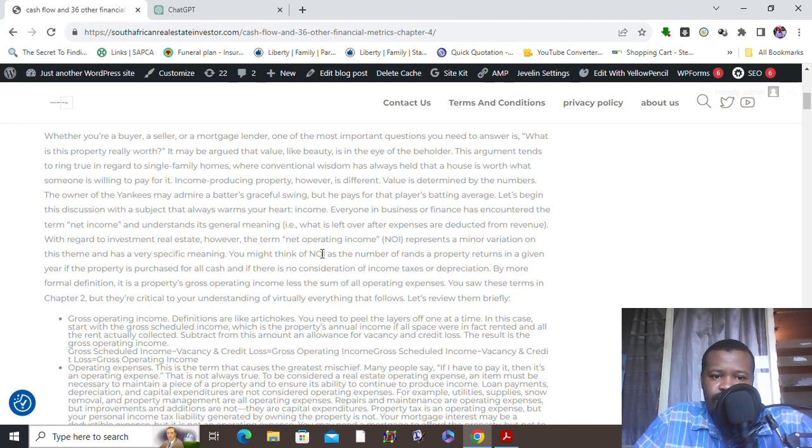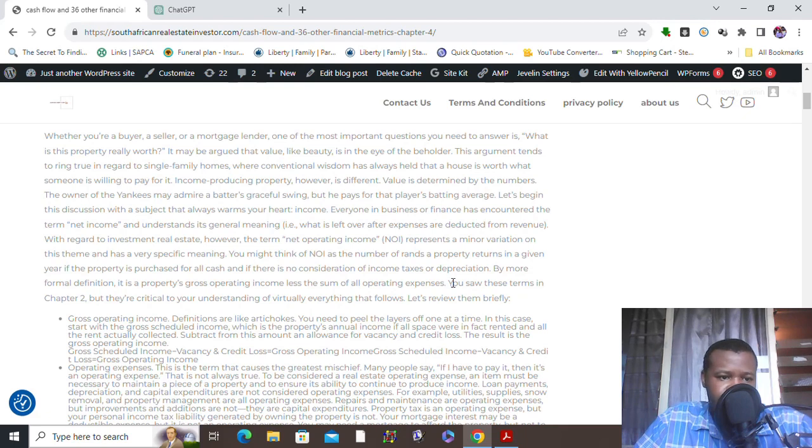You might think of NOI as the number of rands a property returns in a given year if the property is purchased for all cash and there is no consideration of income taxes or depreciation. By a more formal definition, it is a property's gross operating income less the sum of all operating expenses.